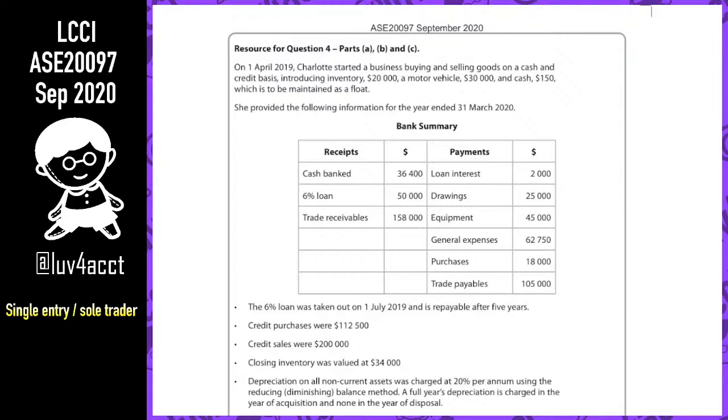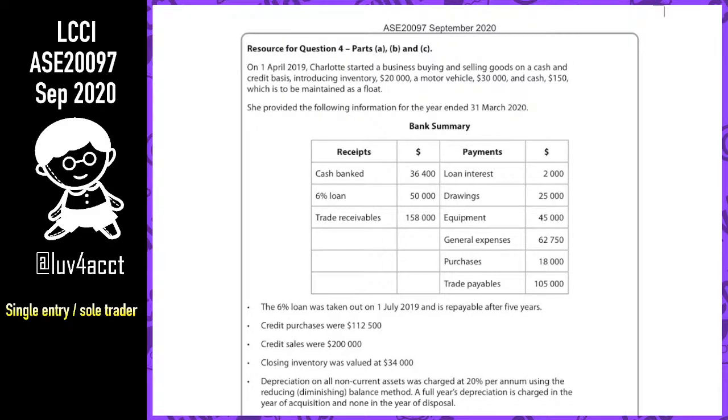So first of all, the opening equity, the three investments added together, we have 50,150 opening equity.